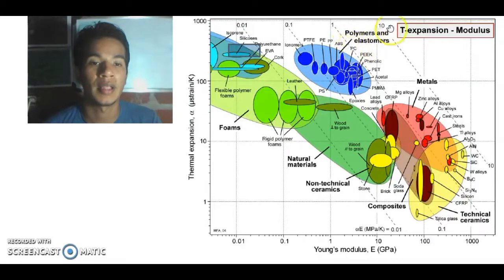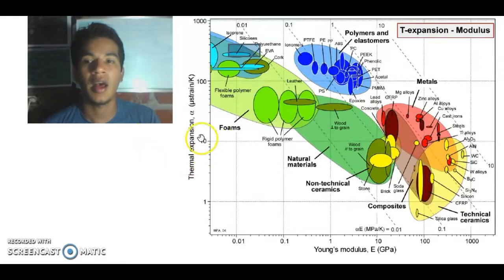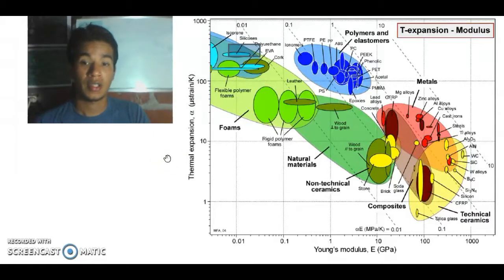Examples: polymers and elastomers, metals, technical ceramics, non-technical ceramics, foams, metals such as aluminum, zinc alloys, cast iron, GFRP. They define the guideline alpha times E, the same constant thermal stress per Kelvin.